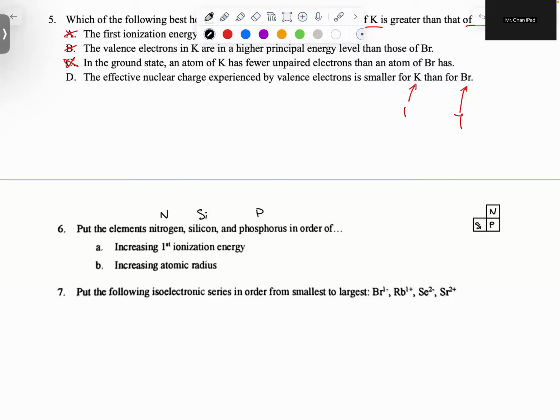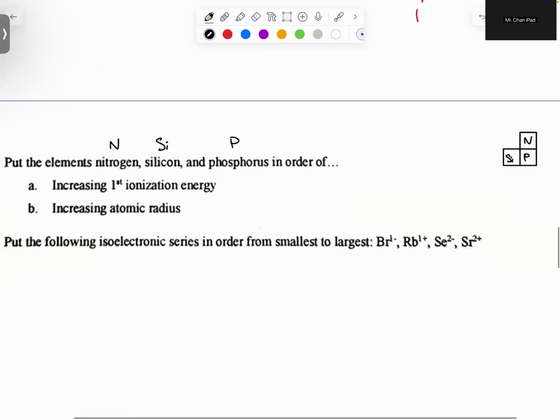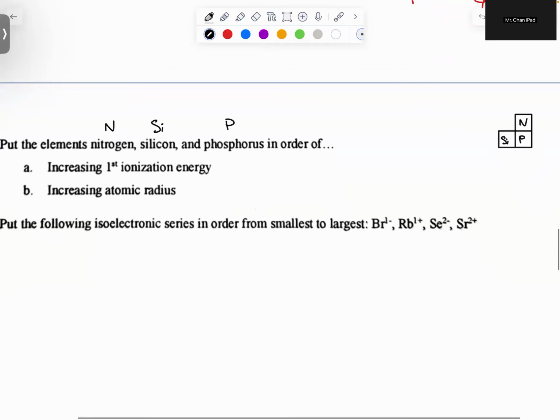So which one will have the easiest time to remove the first electron? The first one will be silicon, because the more energy levels, the farther away it is, right?